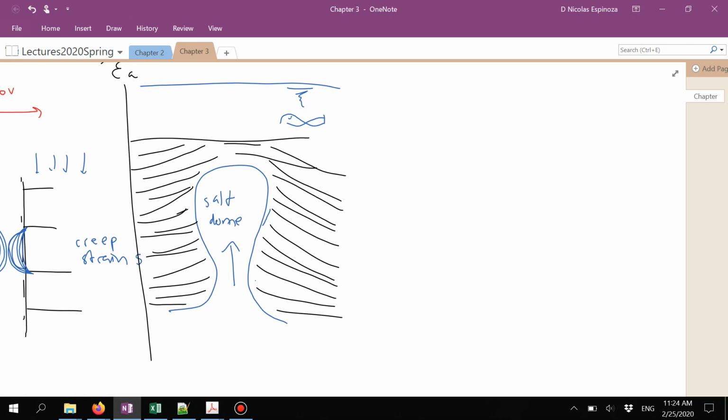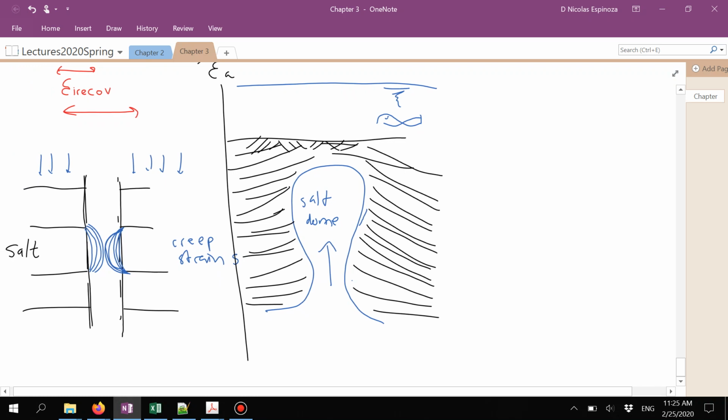Salt domes are very important for the petroleum industry because next to the flanks of the salt domes, many times you have oil accumulations, and also because sometimes when you have to drill close to those, they are a little bit problematic. And this is caused by the same phenomenon of flow of a material, in this case a rock, with applied stress.